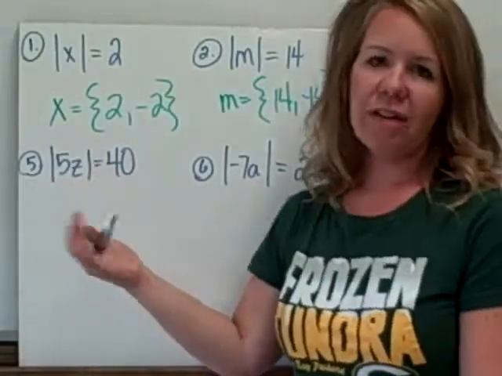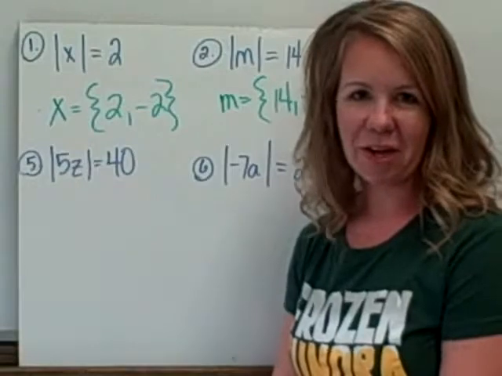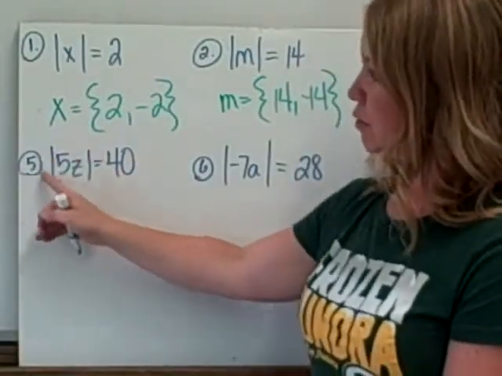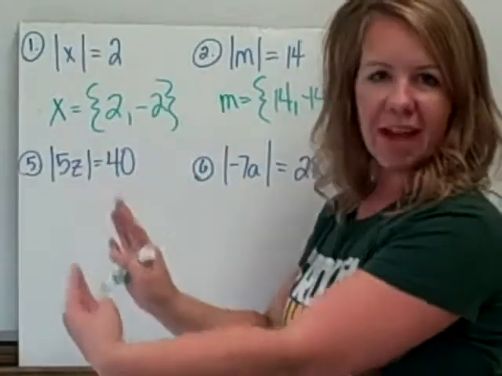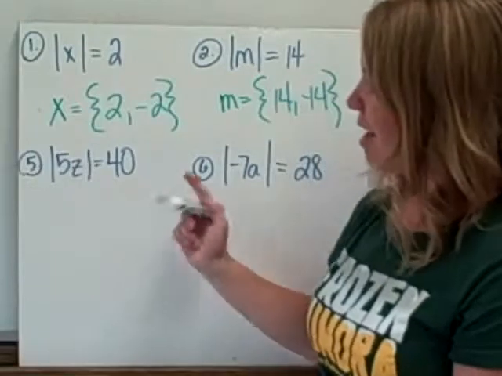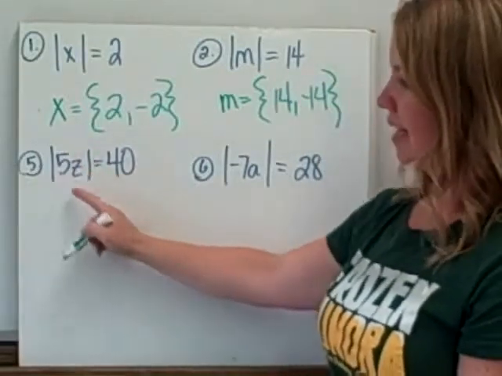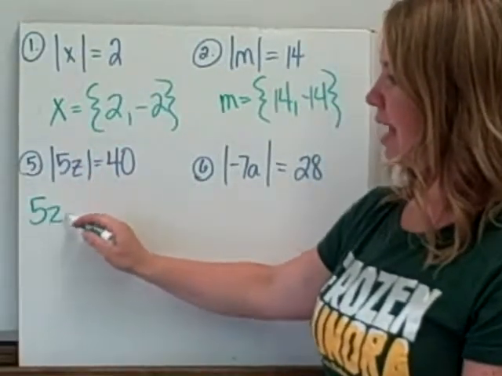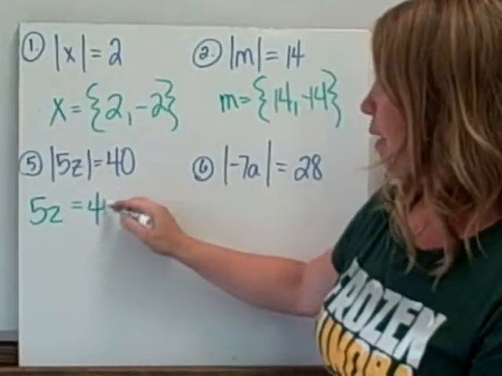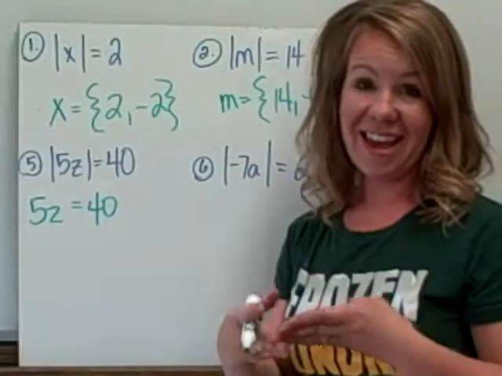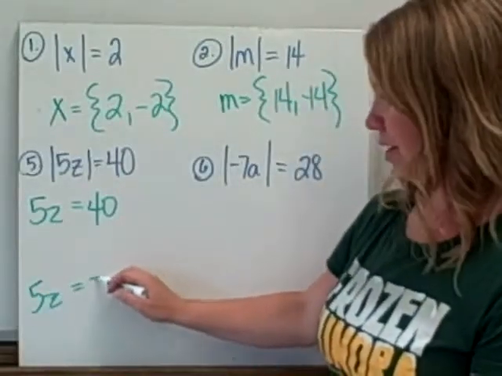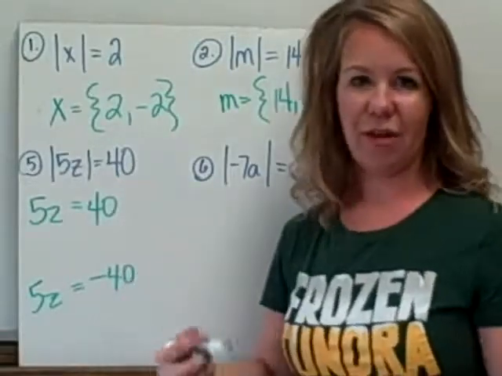Number 3 is more like what you're going to see on a regular basis with absolute value equations. You will notice that the absolute value bars are totally by itself on the left-hand side of the equation. That's just how we want it. And now what we're going to do is take what's inside and set it equal to the positive version of what's on the other side and set it equal to the negative version of what's on the other side.